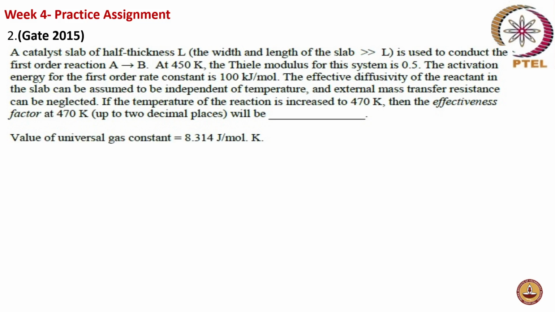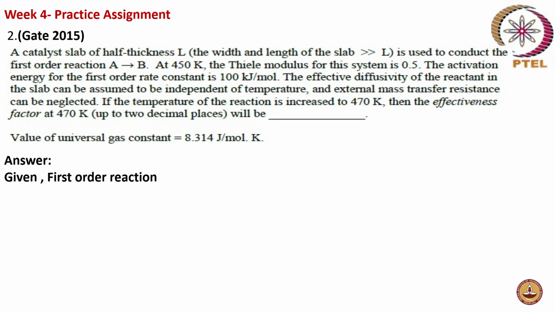The next information is that the effective diffusivity dE is not dependent on temperature. So whether it is 450 Kelvin or 470 Kelvin, the dE is not going to change. Similarly, there is no external mass transfer resistance. And they have asked us to determine the effectiveness factor at 470 Kelvin.